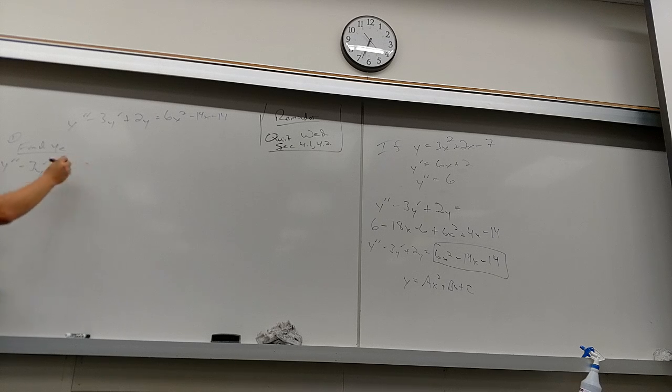This is kind of funny, I don't know if subconsciously I made this factorable or what. And of course, what method do you use here for a homogeneous constant coefficient? Set up the auxiliary equation.